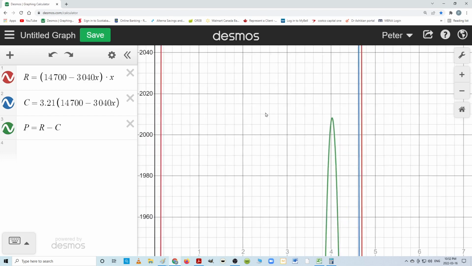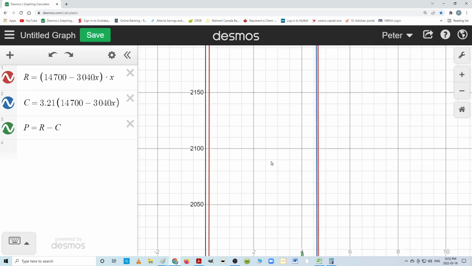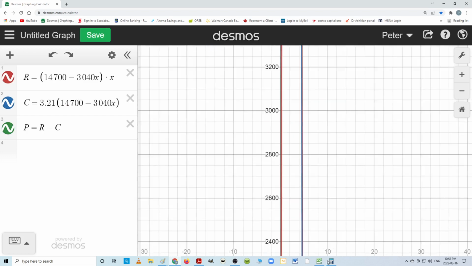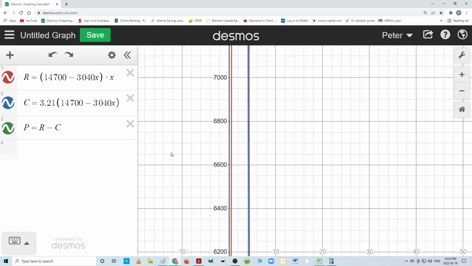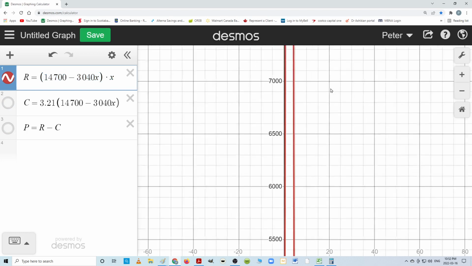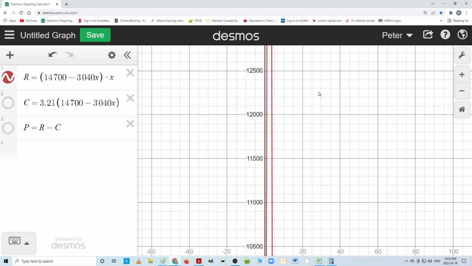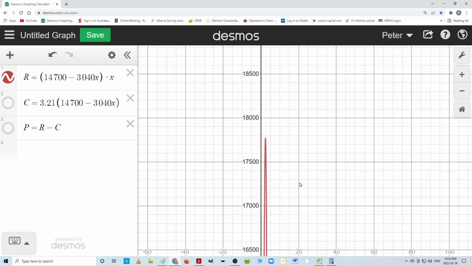There we go. I'm going to look at how much my costs were. Woo! Costs are a straight line. So that's right, this is a straight line. Revenue, in red, should be a parabola. There's the peak of it.